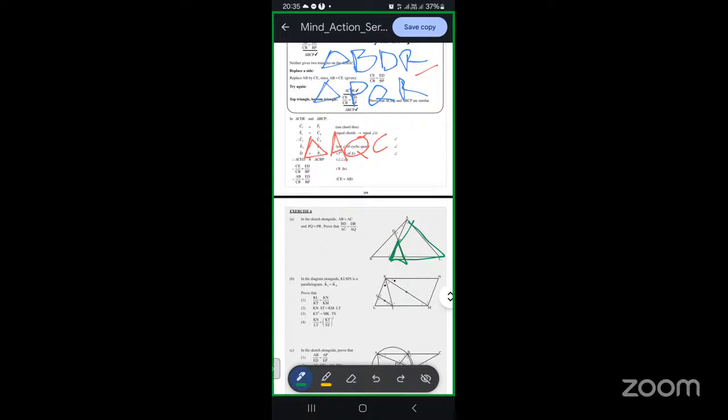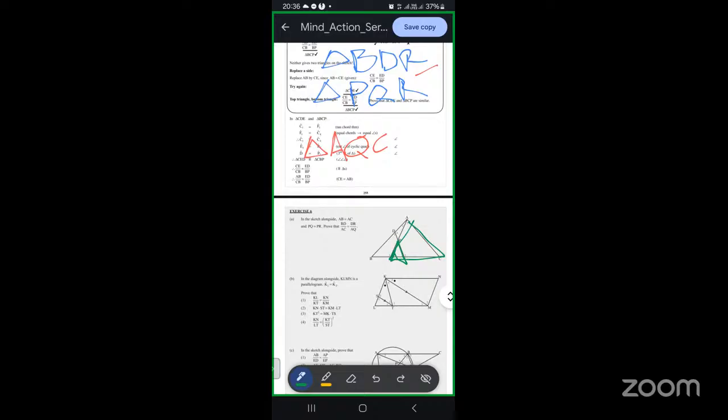So now you only have one reason to prove that similarity. They actually follow the same formula as the triangles above. It's angle, side, angle, side. Which side did you actually use?